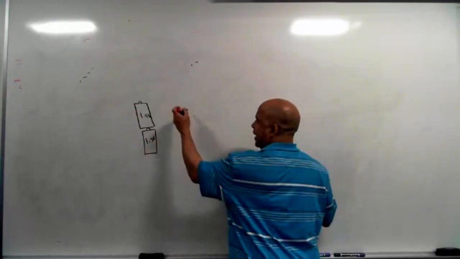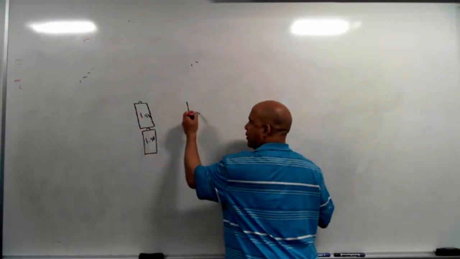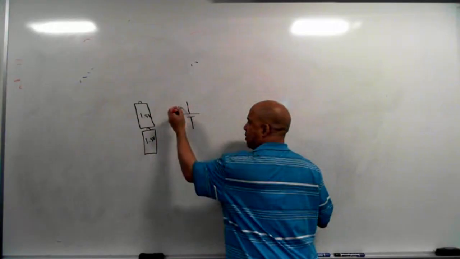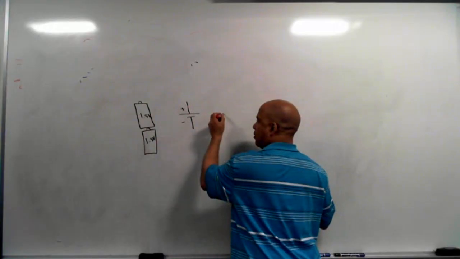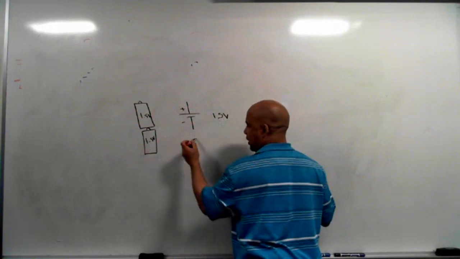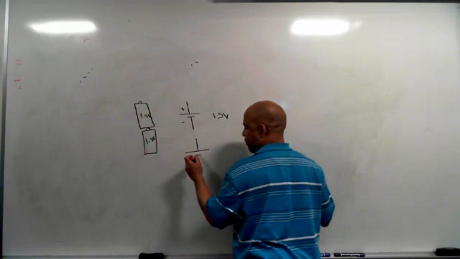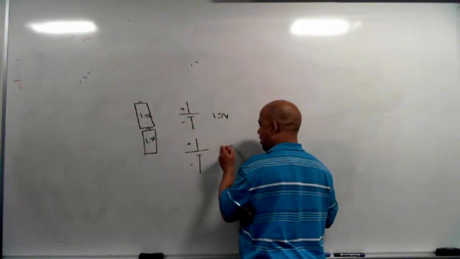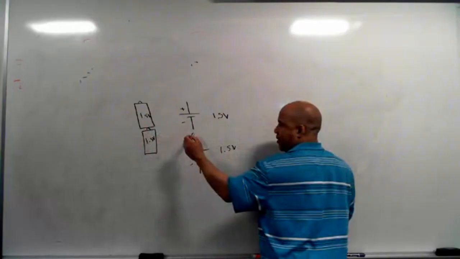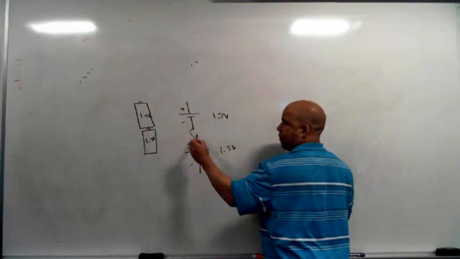What you've done is you've taken one of these, which is 1.5 volts, and you've taken another one in that flashlight, which is also 1.5 volts. When you touch them together like that, you connect this point to that point.